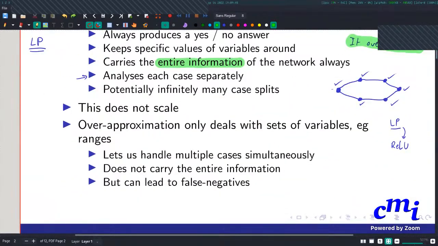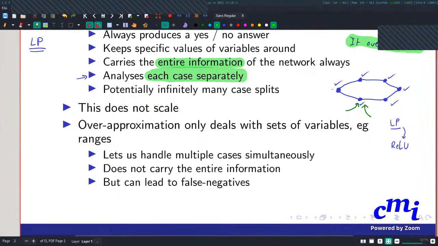So let's say that there is this network and it ends up splitting on this particular ReLU. That means it's doing a case split where it analyzes the case where this ReLU is set to inactive phase, and the case when this ReLU is set to active phase, separately, right? So it analyzes each case separately.